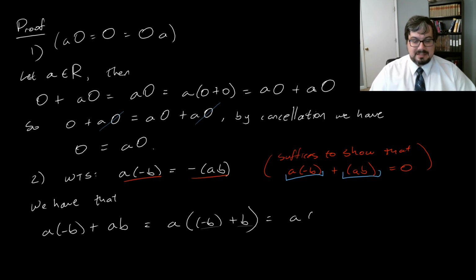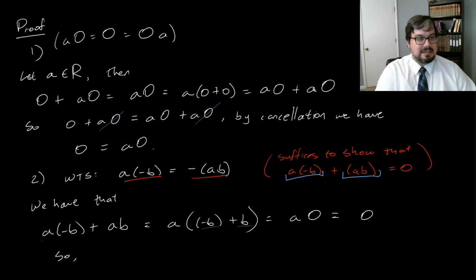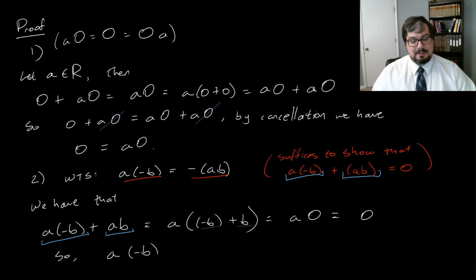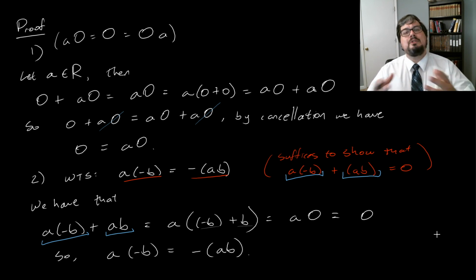So that means that this is a times 0. And by part 1, we know that a times 0 is 0. So that means that a times negative b and the product ab are additive inverses of each other. So in particular, this means that a times negative b is equal to negative ab. And similar sorts of arguments work for the other 4 parts of the theorem. And some of those will be exercises.